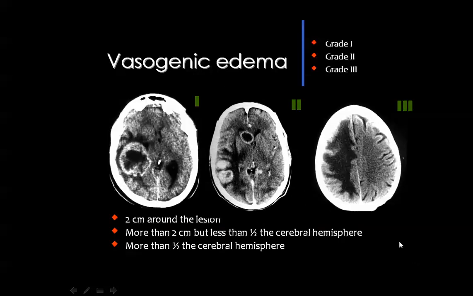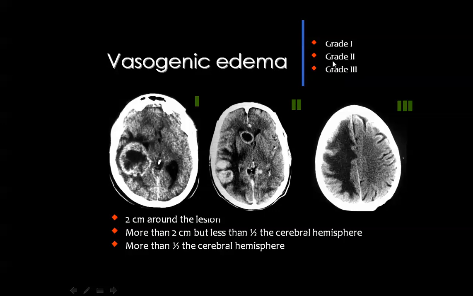And the vasogenic edema is also further subdivided into grades. The grade 1, which means that there is a finger-like hypodensity measuring less than 2 cm around the lesion.